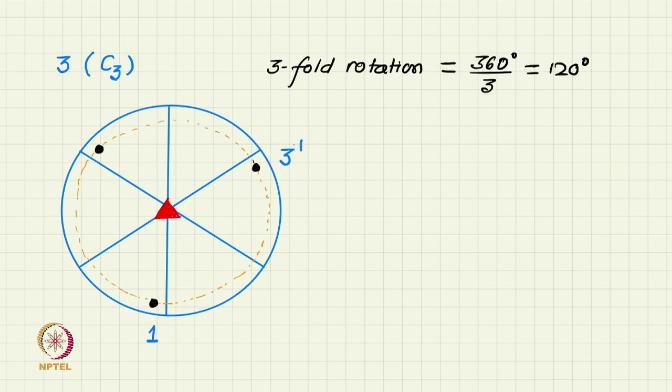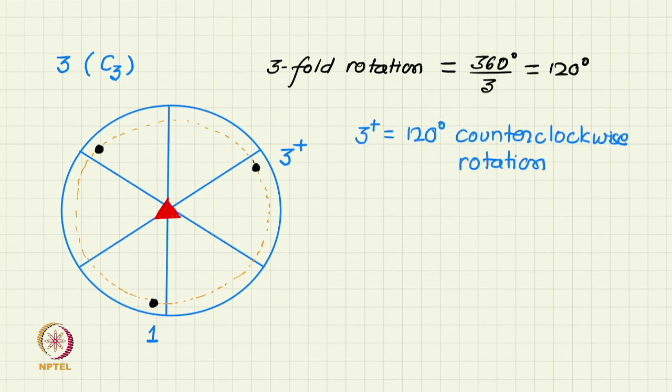So, I denote this operation by 3 plus. 120 degree counterclockwise rotation is 3 plus rotation. Now, if I apply this rotation again, I get to this next position. So, this can be written as 3 plus applied 2 times, which is 3 plus square.